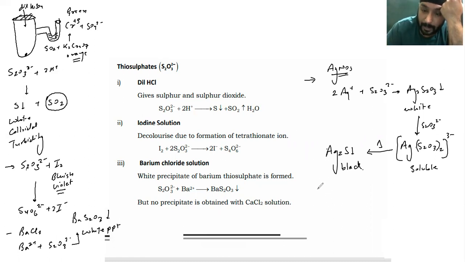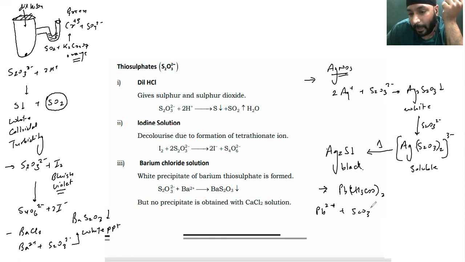Now, after that, you have a test with lead acetate. Understand that I'm adding lead acetate solution. With lead acetate, I'll be getting a similar reaction in which the lead 2 plus cation will react with the thiosulfate anion to produce initially a white PPT of PbS2O3.